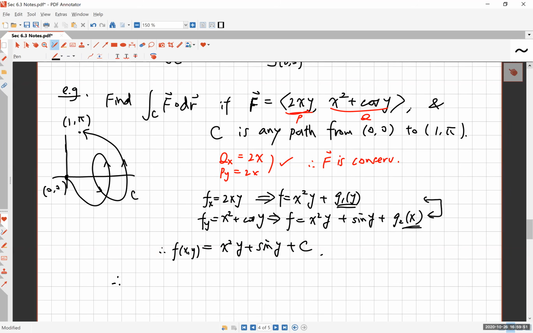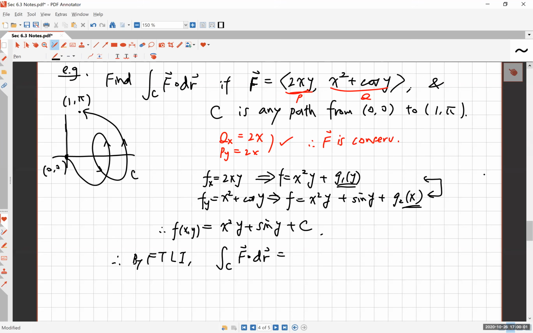And now, by the fundamental theorem of line integrals, I know what this work integral, or flow integral, along C of F dot dr is equal to x squared y plus sine of y evaluated at (1, pi) minus this same thing evaluated at (0, 0).